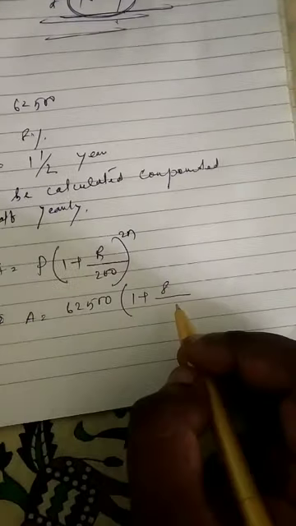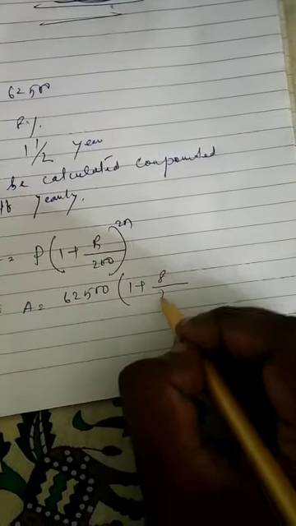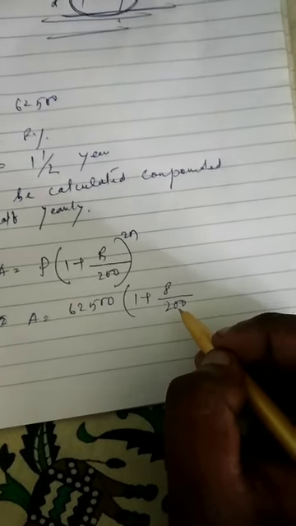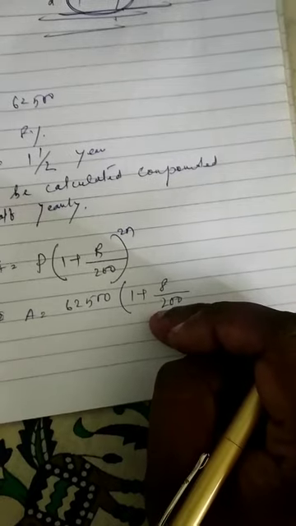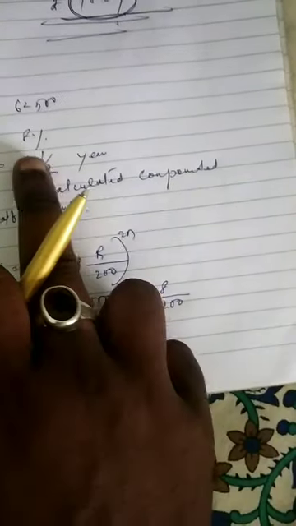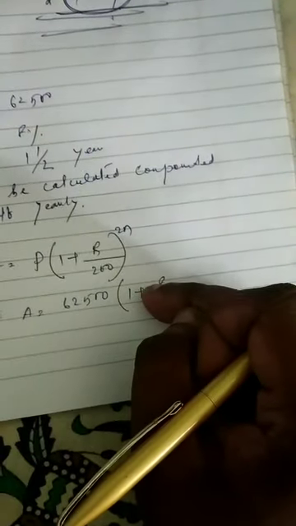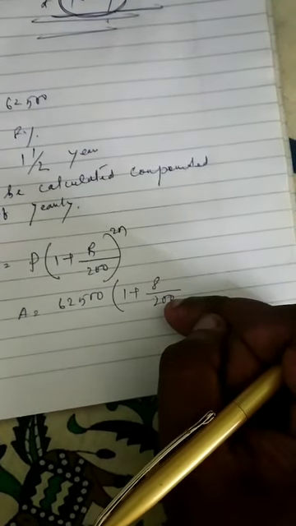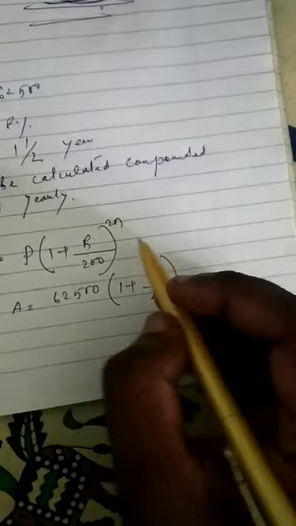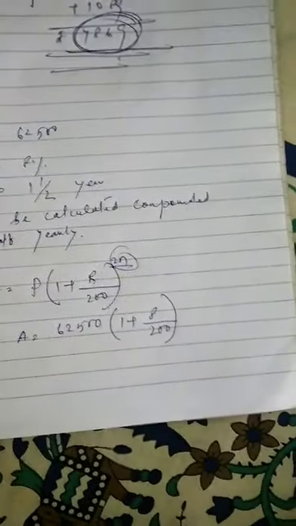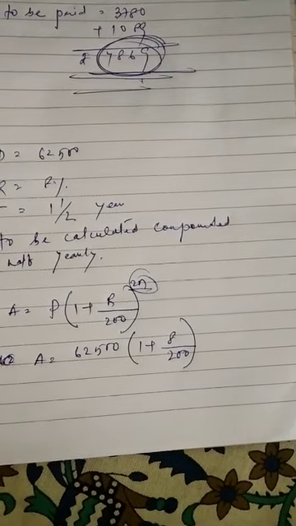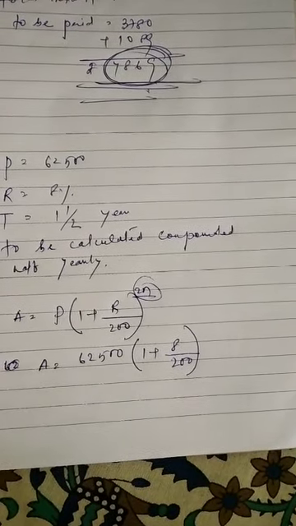That's why we have used 200, because it's actually 2 into 100. 8 by 2 means 4%, because 8% is the rate of interest and half of 8% is 4%. 2n defines the number of 6 months.